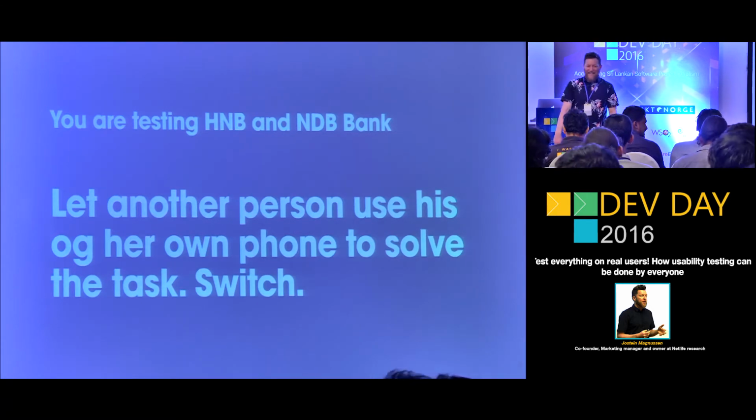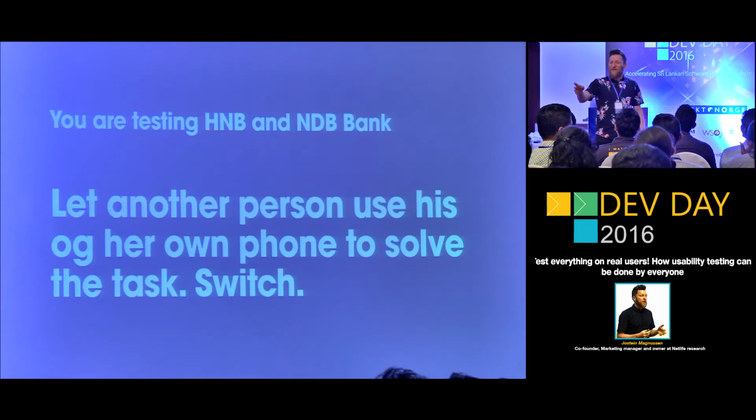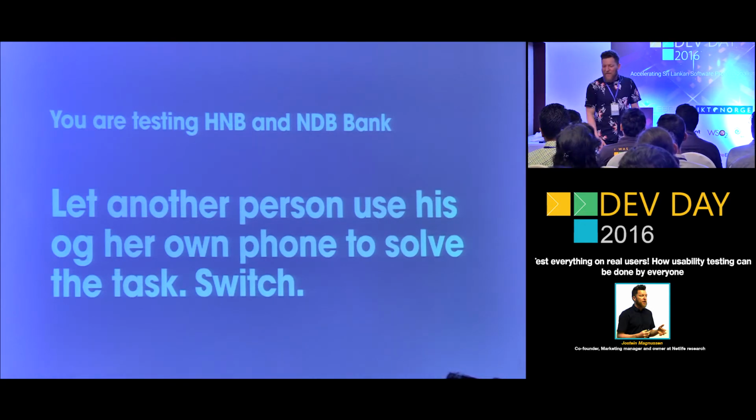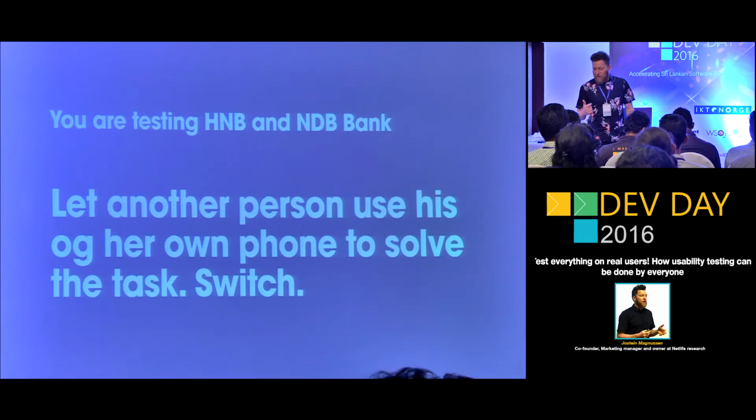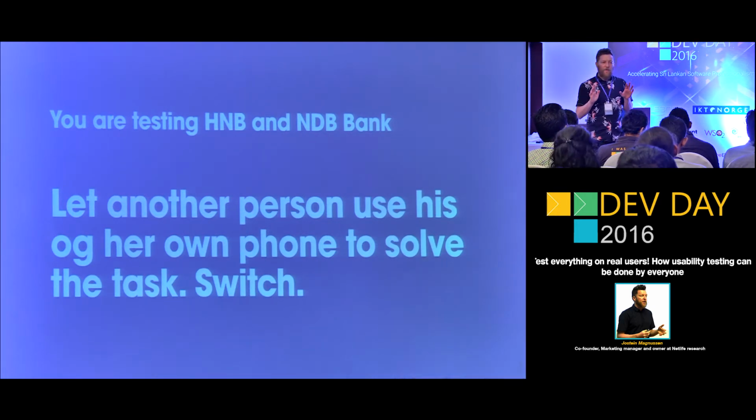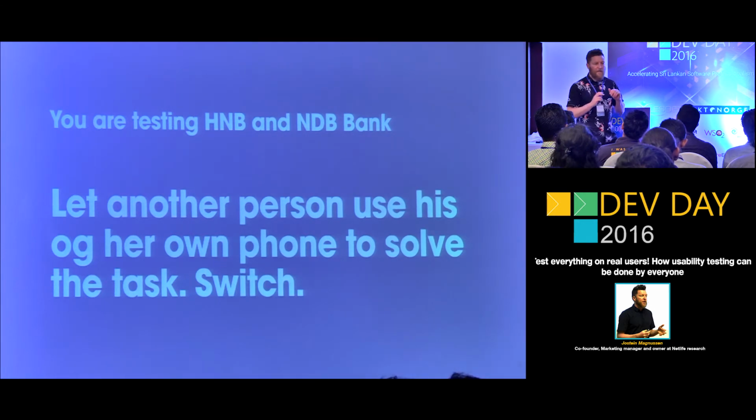So if you get together two and two, you don't need to start with finding the website. You can just give the task and say that the bank you're going to test here is HNB, for example.